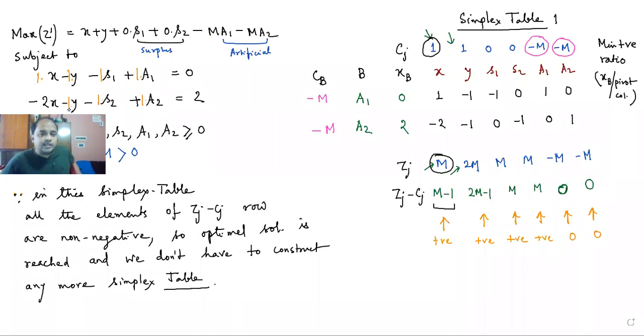Now, Shumanta's question is, this is in contrast to what you have told in the previous class. If I put this kind of thing, the artificial variable will remain. As you can see, here artificial variable a2 is attaining the value 2.